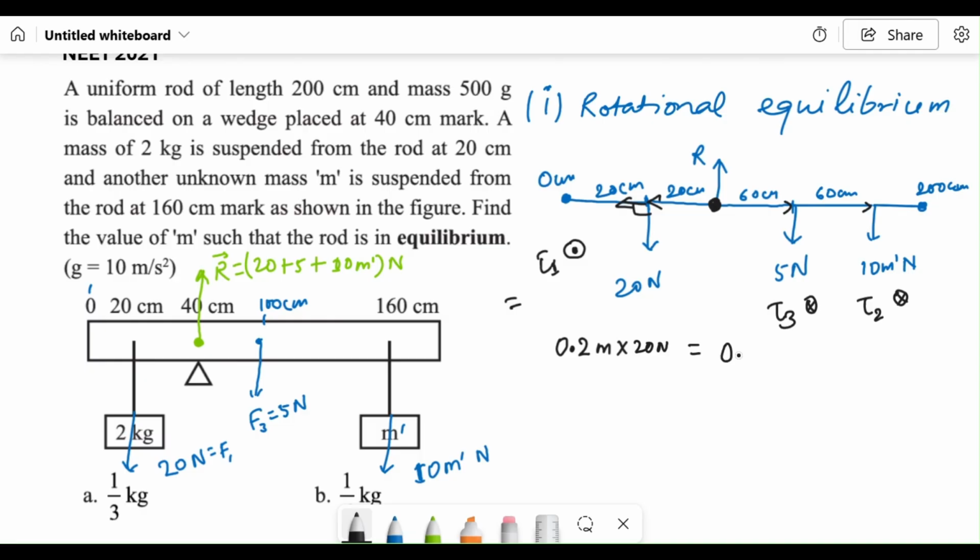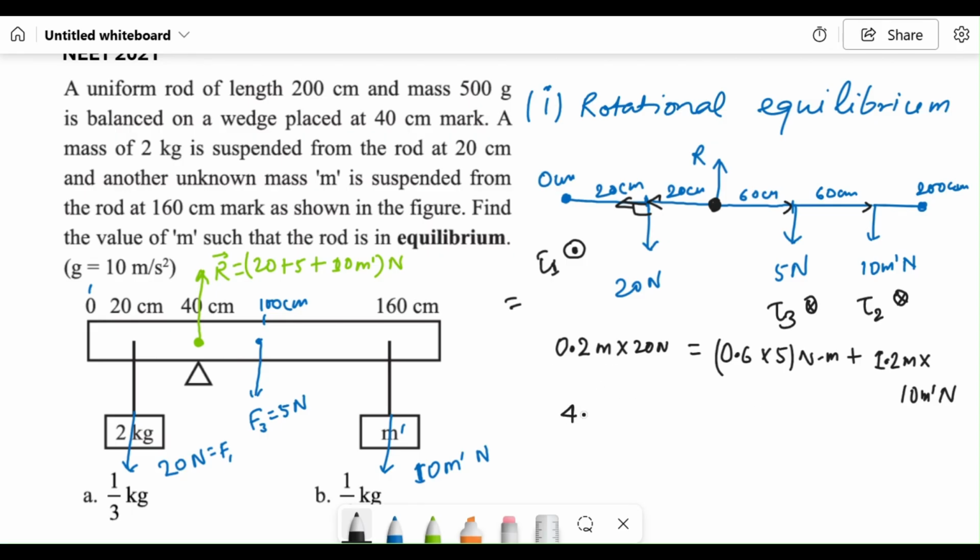So this will be 0.6 meter into 5 Newton, in Newton meter, and this will be 1.2 meter times 10 M prime Newton. Look, from here to here it is 60 centimeter. Further 60, it will be 120 centimeter, that is 1.2 meter times 10 M prime.